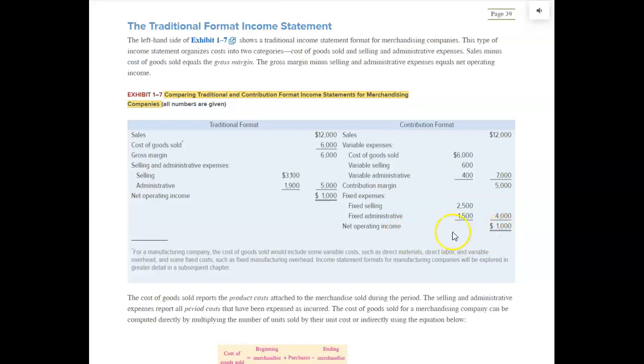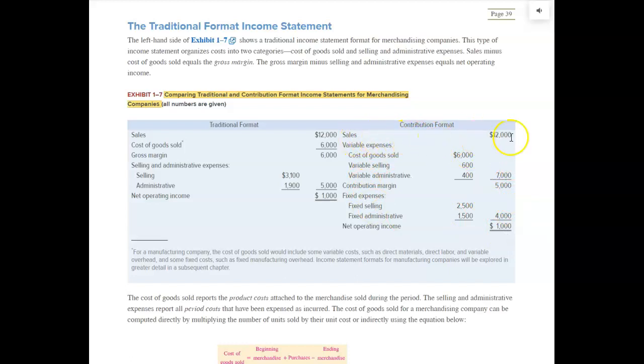Now we're going to see later on that you don't always get the same bottom line figure between the traditional format income statement and the contribution margin format income statement. At this point, you need to know how to prepare one of these.